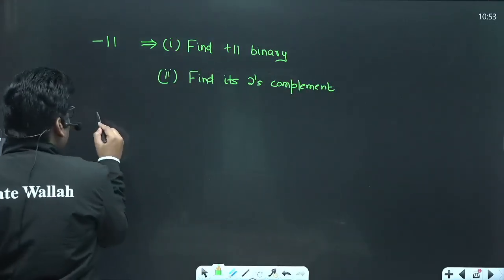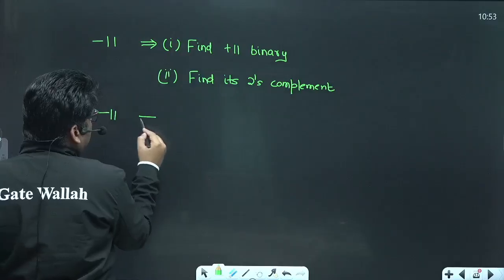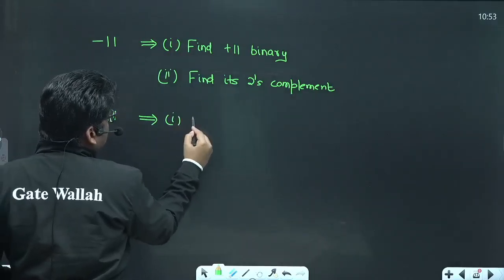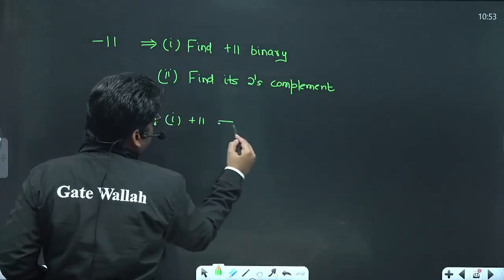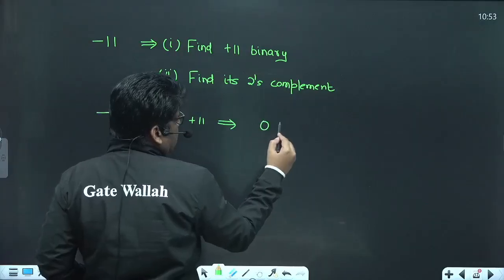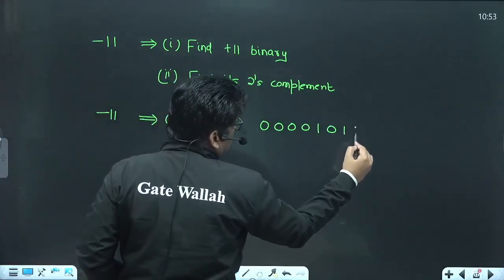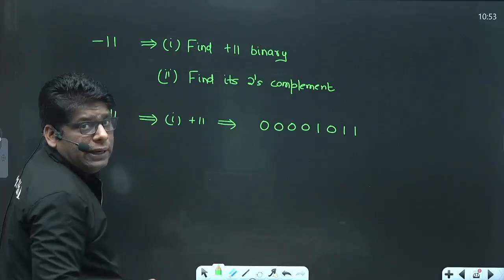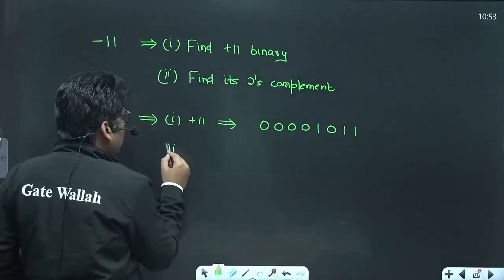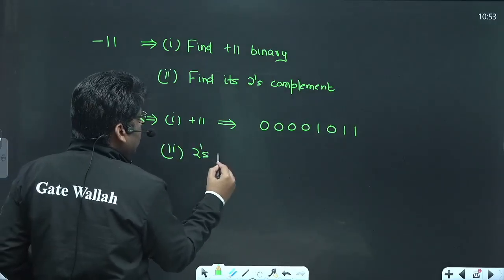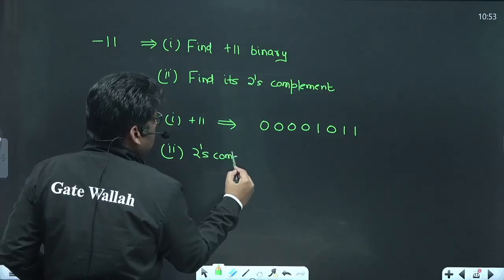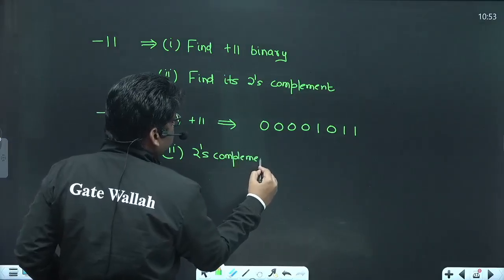That means in order to store -11, tell me, what is the binary of +11? Sir, we just calculated it. Okay. Now I need to calculate the twos complementation of this number.